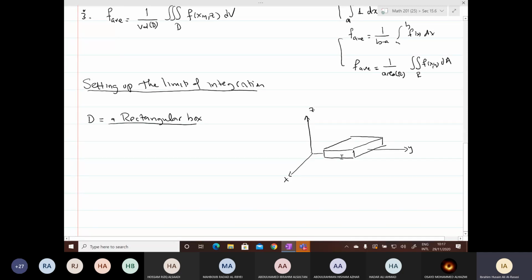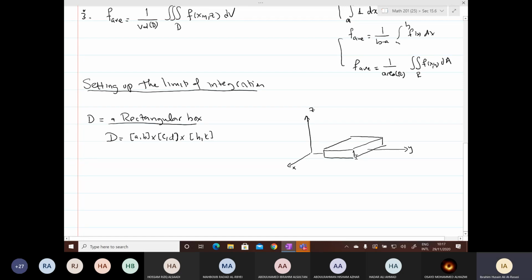So this is a rectangular box in space. How to describe a rectangular box? You take the x interval from a to b, the y interval from c to d, and the z interval from h to k.